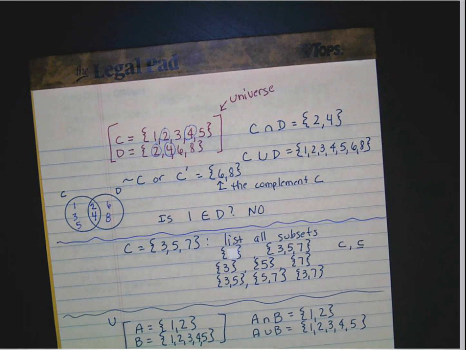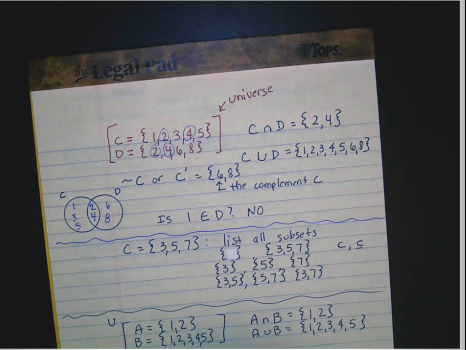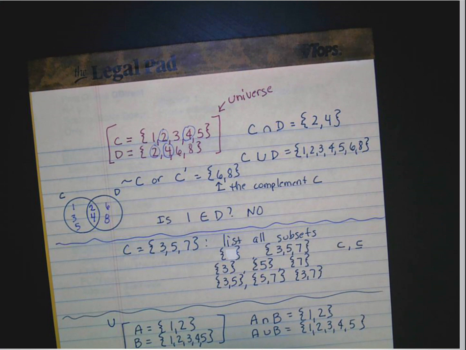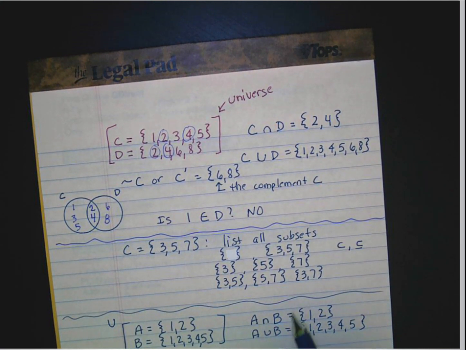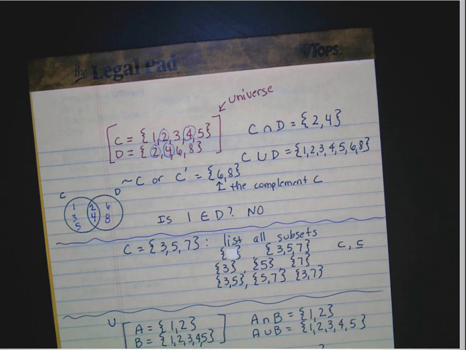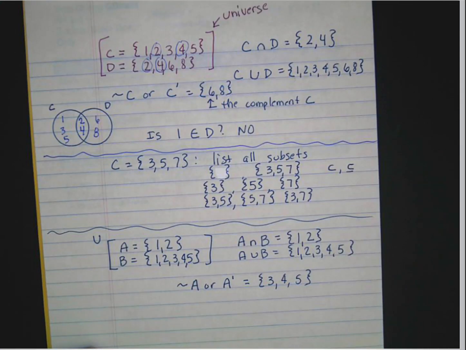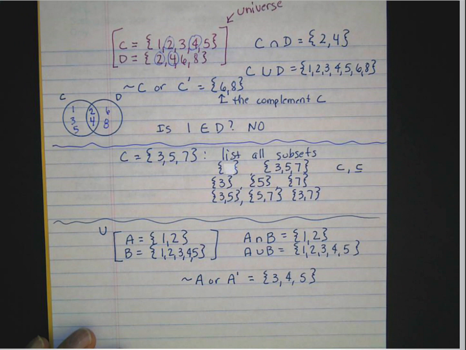All right. Now, what if I wanted not A, or A prime, or the complement of A? Well, what's in the universe that's not in A? 3, 4, 5. Oh, whoa, whoa, whoa. See, you didn't tell me you couldn't see it. So let me do this over.